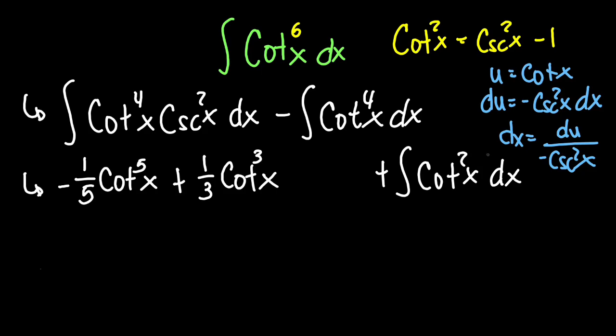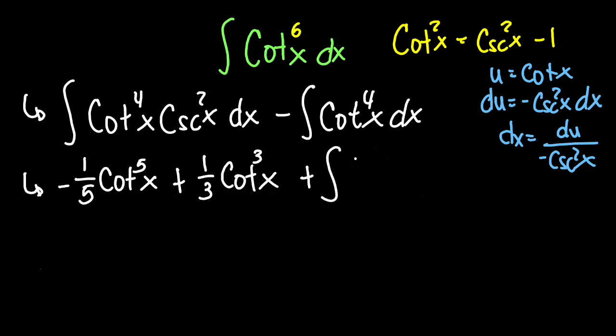And for this one, we cannot factor out one cotangent squared of x anymore because it is what is left now. And thus we can now transform this into its trigonometric identity. So this would be the integral of cosecant squared of x minus 1 of dx.